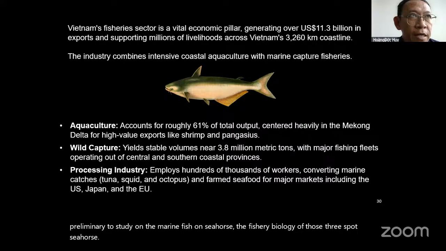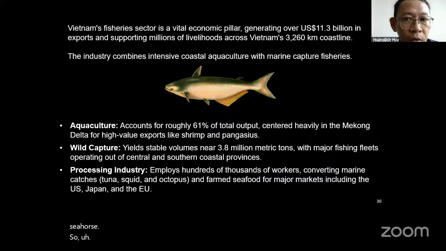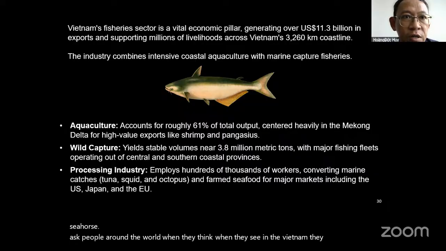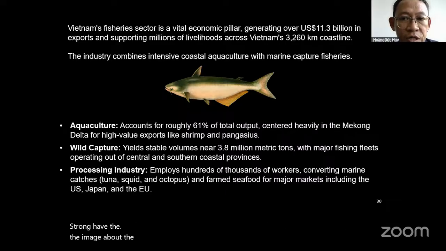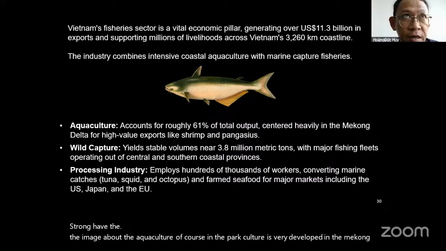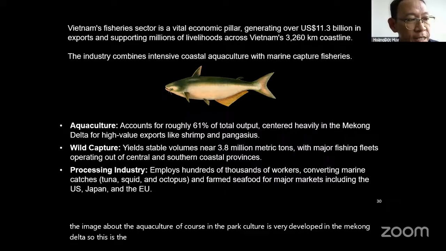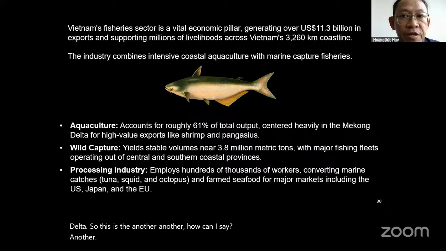As people around the world see Vietnam, they have a strong image of aquaculture. Of course, aquaculture is very developed in the Mekong Delta. But this is another sector, a big area of study for applied fisheries.